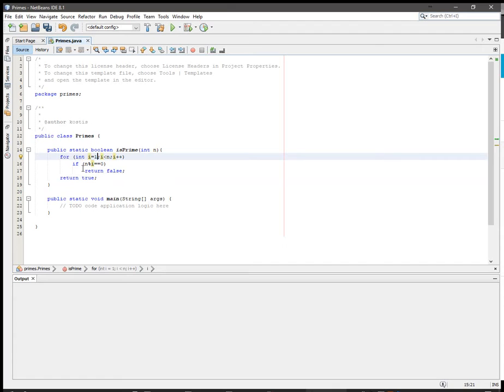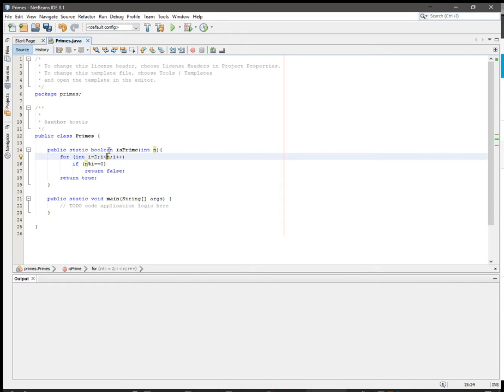But every number is divisible by 1, and 1 should not return false because according to the definition of the prime numbers, primes are indeed divisible by 1 and of course themselves. So I will begin with 2. I will start with 2, and actually, oh yes, it's less than n, so it's not less than or equal to n, so it's not gonna try to divide n by n.